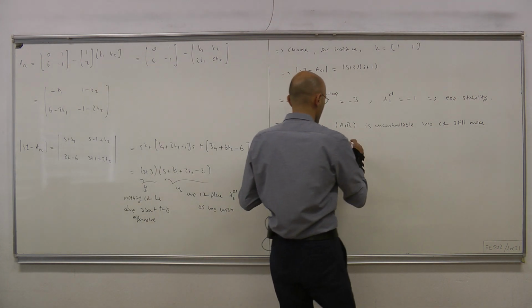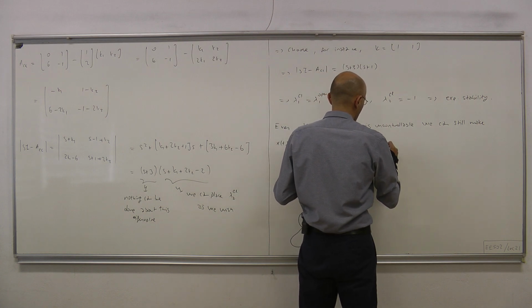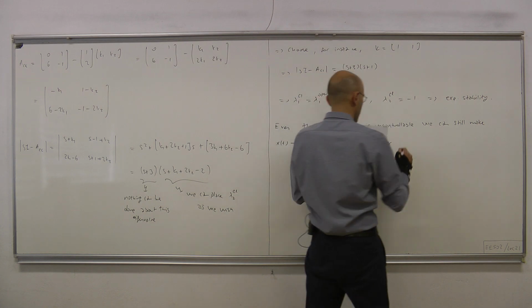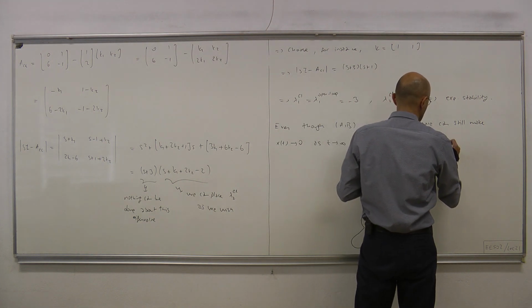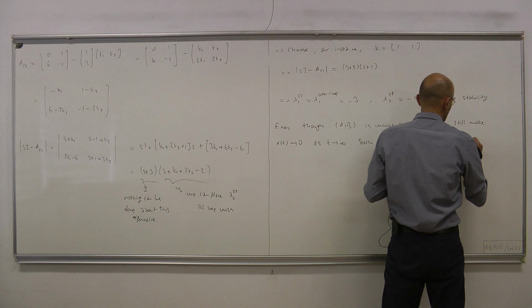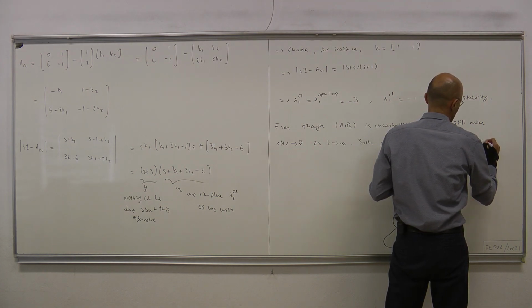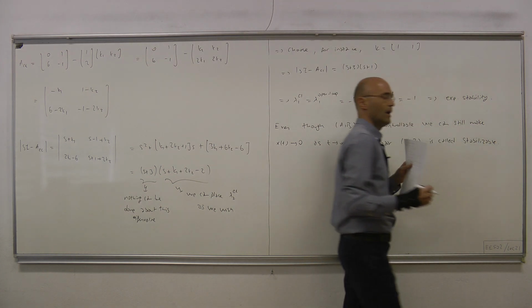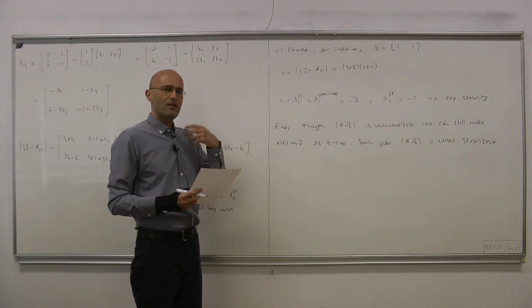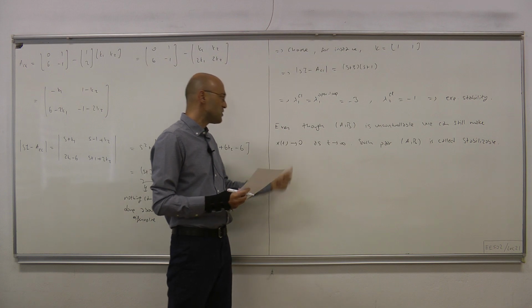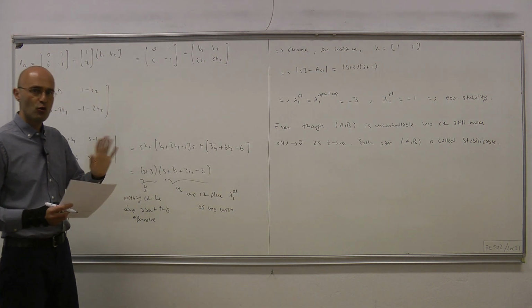Such a pair AB is called stabilizable. So, if the system is controllable, then by definition we can make the state converge to the origin. There's no problem with that.